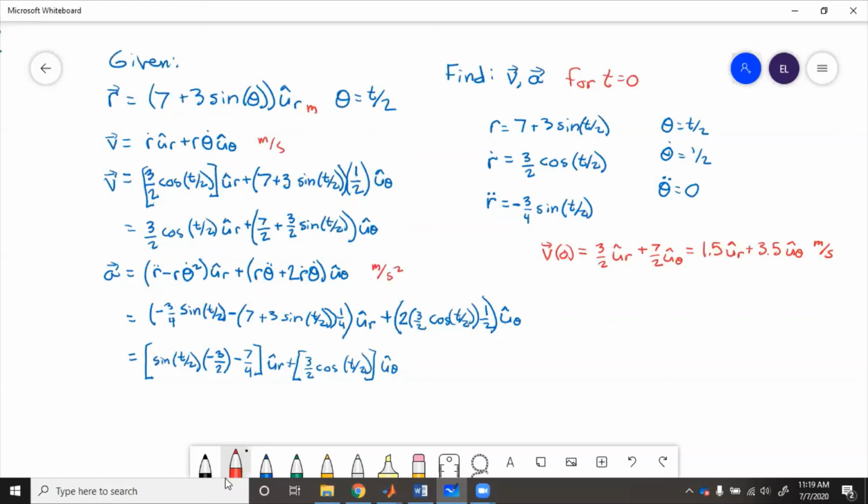So then we get acceleration, a of 0, just plug 0 in down here. So we'll have sine of 0 is 0, so we get rid of this.